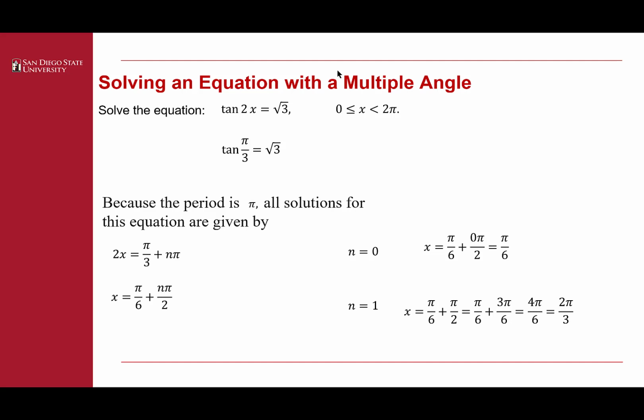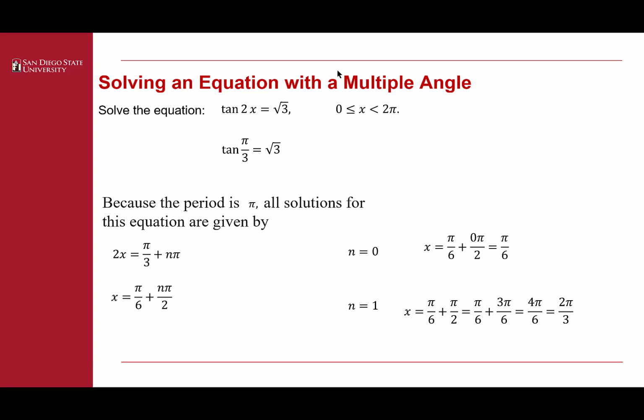So if we didn't have that interval for the x angle, we could write the solution like 2 times x equals to pi over 3 plus n times pi, where n is any integer value to represent the periodic structure of the function and its variable, and which yields x equals to pi over 6 plus n pi over 2 if we divide both sides by 2.